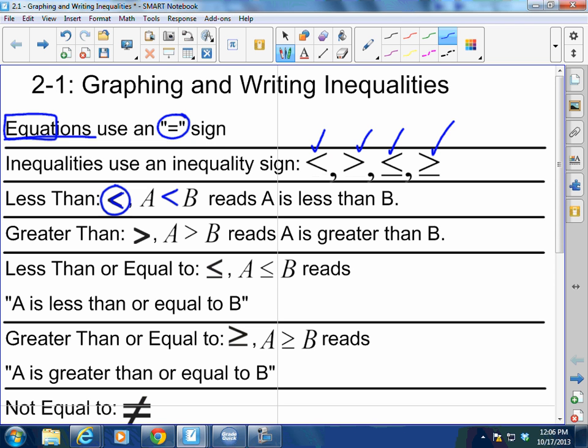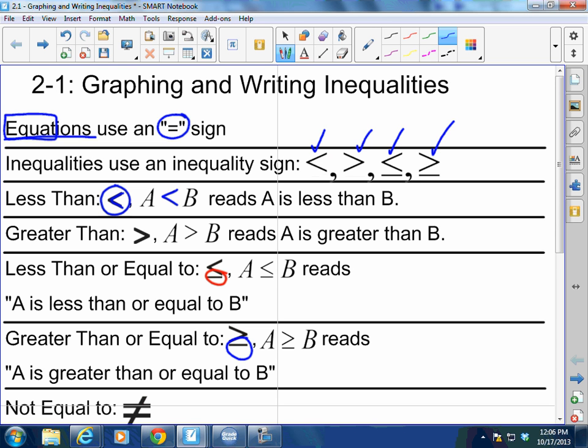Less than or equal to. Notice that for the less than or equal to, you have that little equal to sign as well. So what this reads is A is less than or equal to B. That means that A can be less than B, or it could be equal to B. No, it cannot be more than B. Greater than or equal to. Notice again, you have the little equal sign.